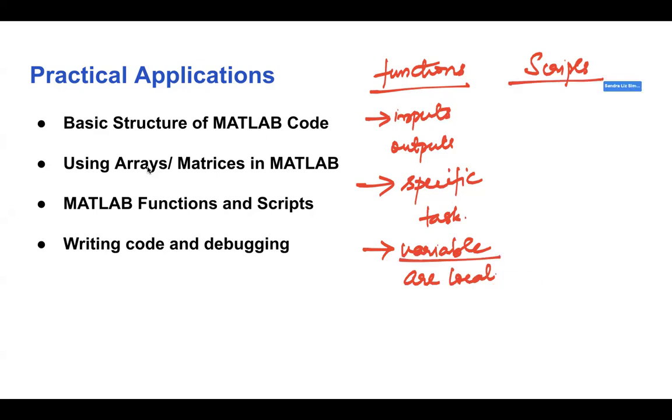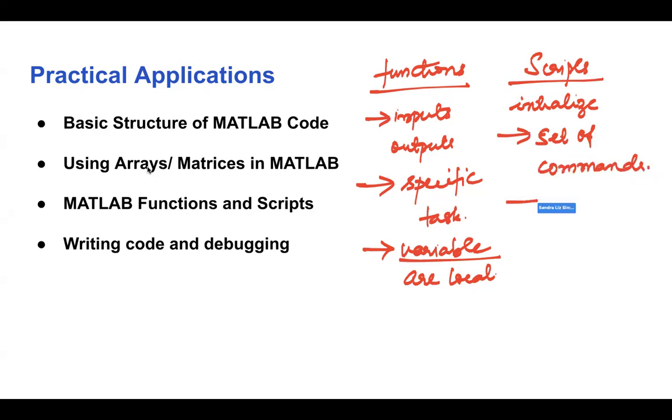When it comes to scripts, a script doesn't take inputs or outputs, but you can always initialize certain variables. This is used when we have a set of commands to be saved, which can be used in the future. The variables that we use here are global and can be seen in the workspace.